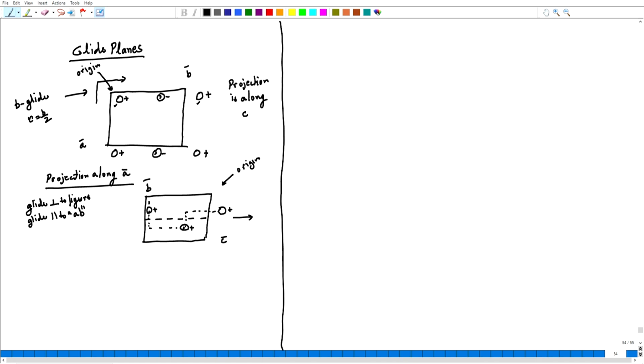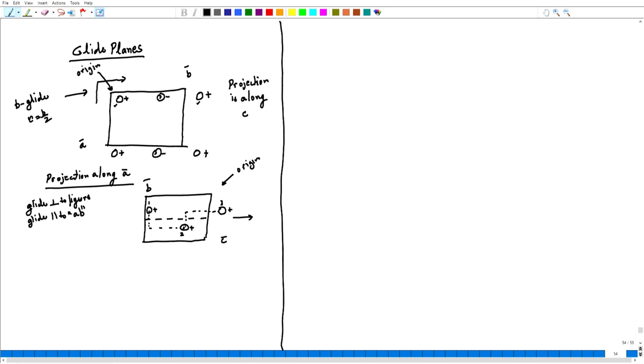So, if this is 1, 2, 3, 1 goes to 2, the handedness changes, 2 goes to 3, handedness changes, and you can also see that 1 can go to 3 through a lattice translation of B. So, this is how the same space group will look like this.